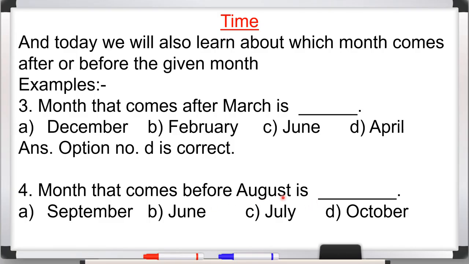Now we will count up to August. January, February, March, April, May, June, July, August. So beta, which month did we speak before August? That is July. So the answer to this question is option number C, July. Understood?